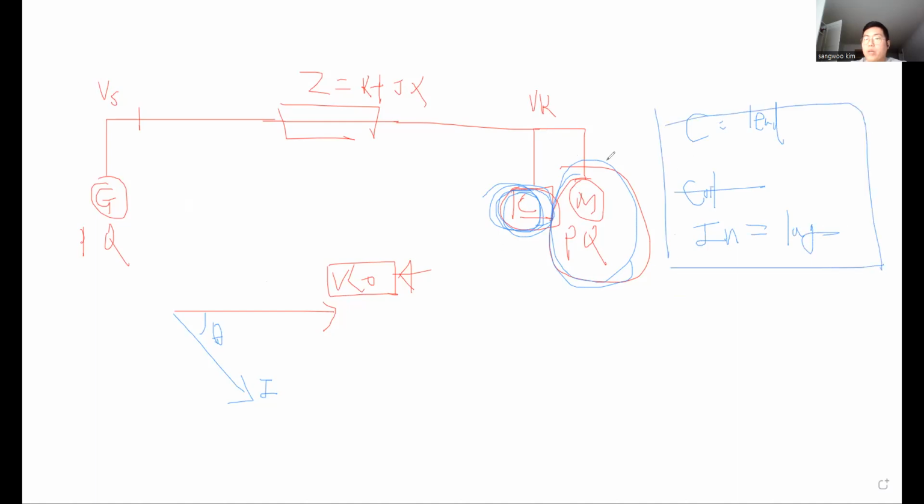How does the capacitor give the motor a lagging current? We wondered, right? So let's see how it works.